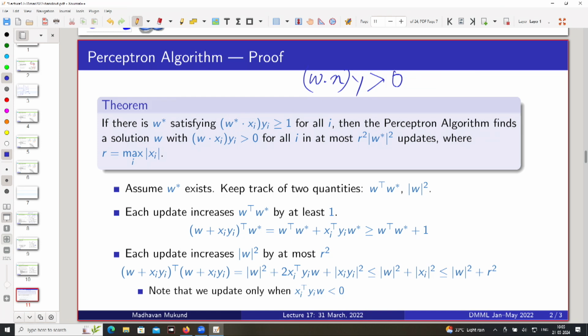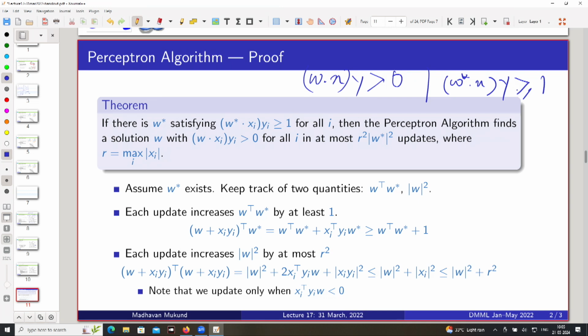And this w is given to you. From this w, you want to get another w star, which will satisfy this, right? So you are given a w that satisfies the thing on the left. You want to get a w star that satisfies the thing on the right.